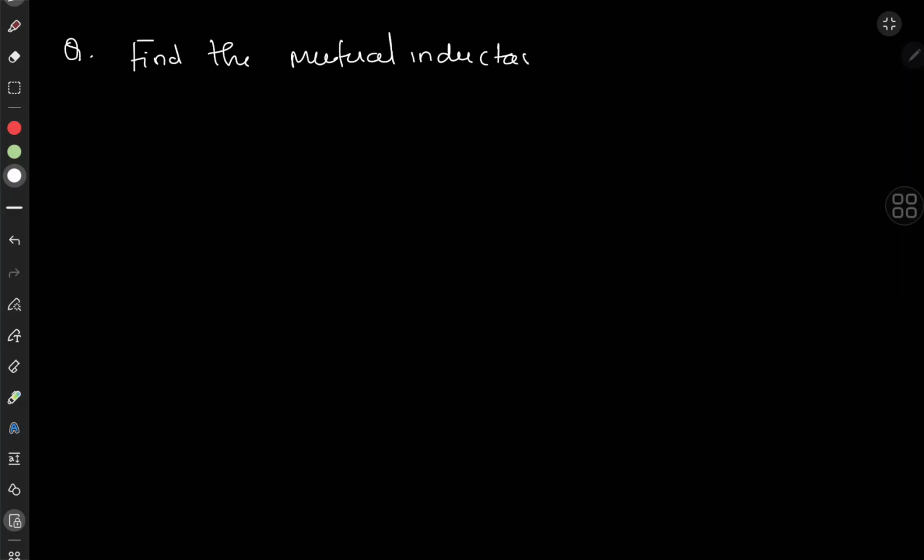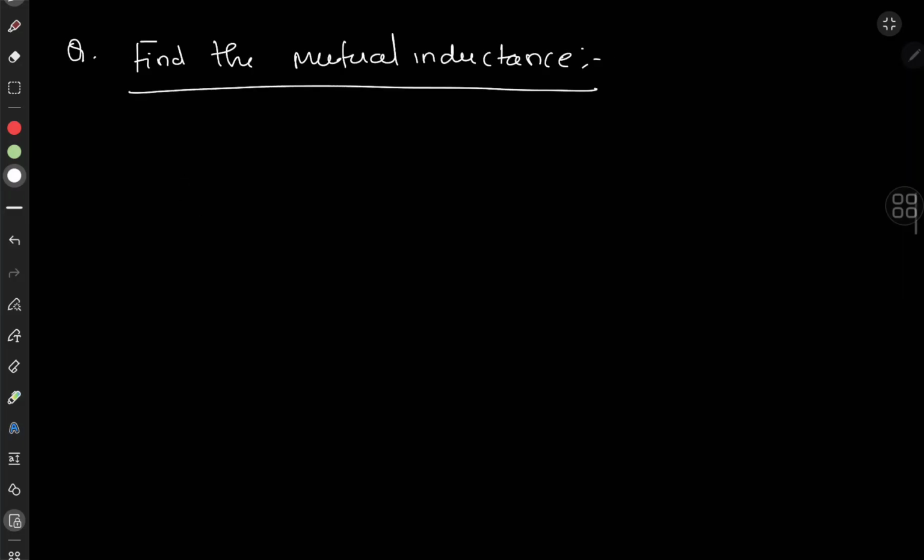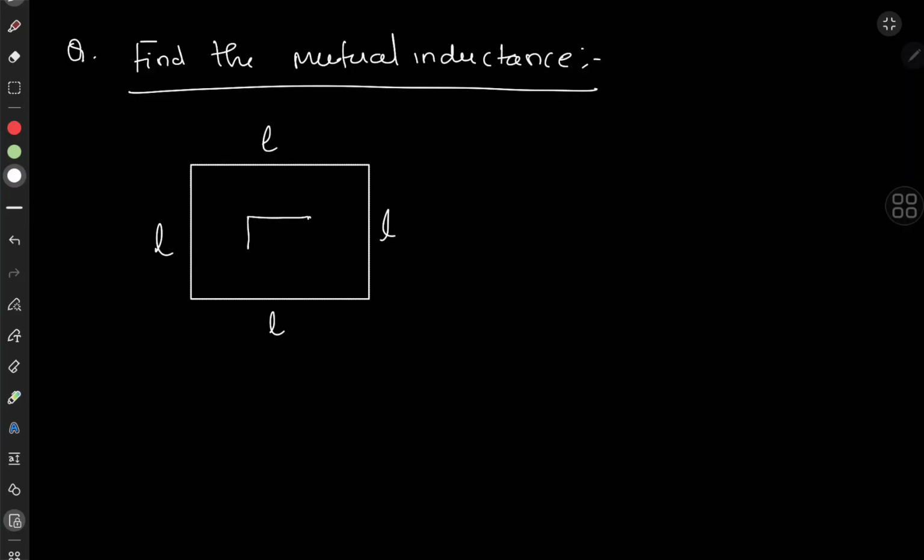Find the mutual inductance. Suppose you have a square shaped coil, each side of length L. Now at the center, one more very tiny square shaped coil.